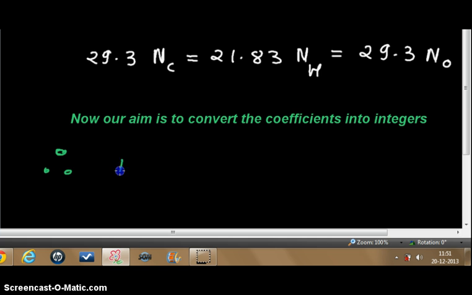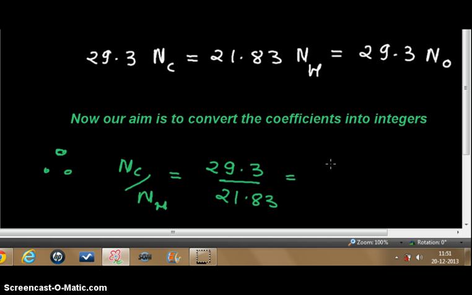Therefore NC upon NH, atoms of carbon divided by atoms of hydrogen, the ratio is 29.3 divided by 21.83, which is equal to 4/3.